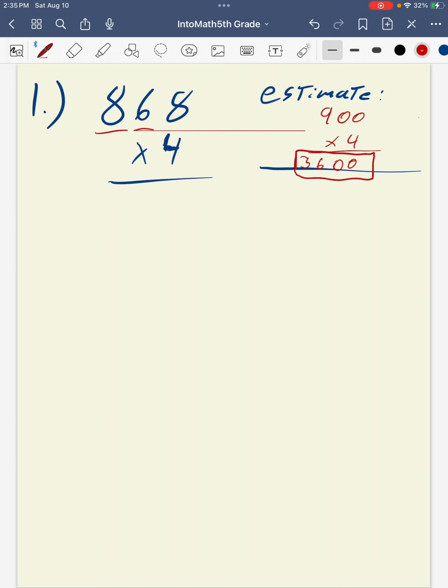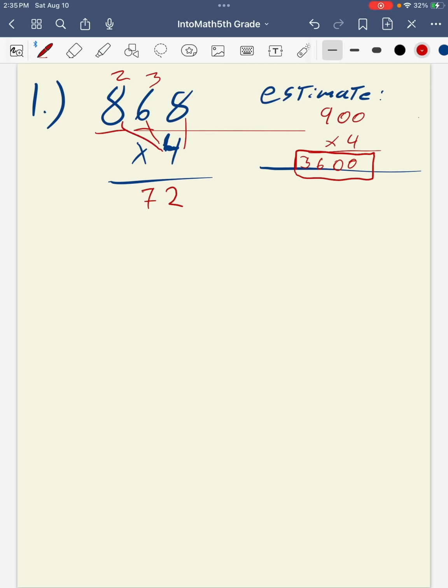Now, I actually multiply out 868 times 4, starting with my ones. 4 times 8 gives me a product of 32. I carry my 3 over to my tens. 4 times 6 is 24, plus 3 gives me a 7, and I carry my 2 over top of my 800.